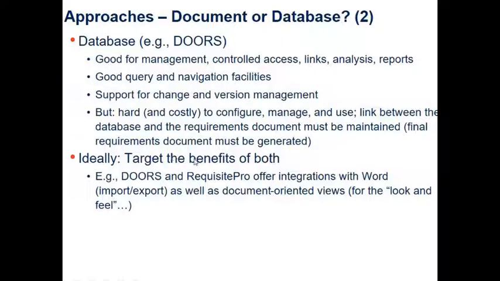Ideally, you target the benefits of both. Right? So for example, some of these tools offer integrations with Word. You can import and export as well as document. You can save it as a database, but document-oriented views are also offered.